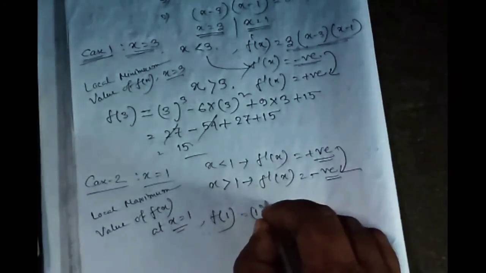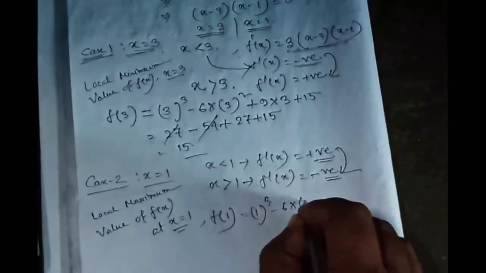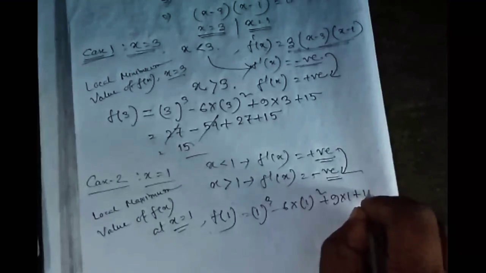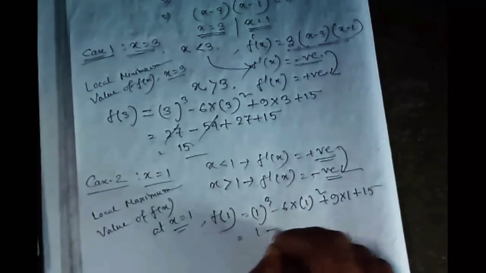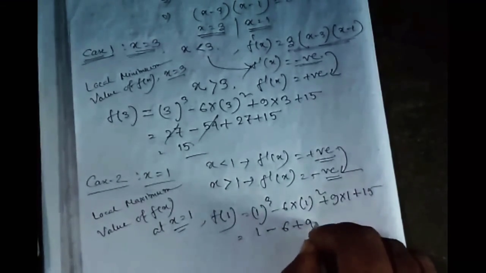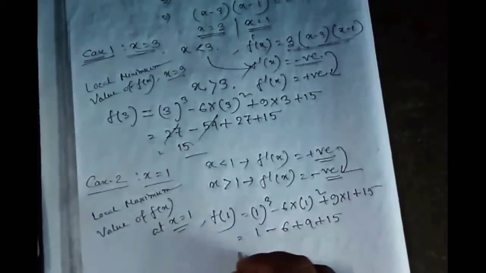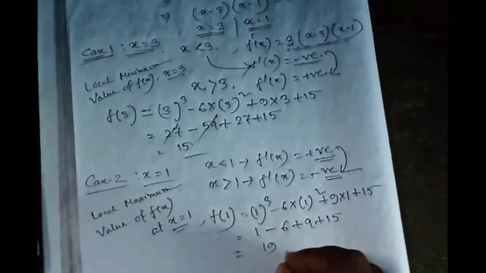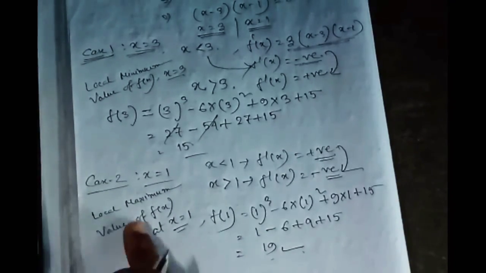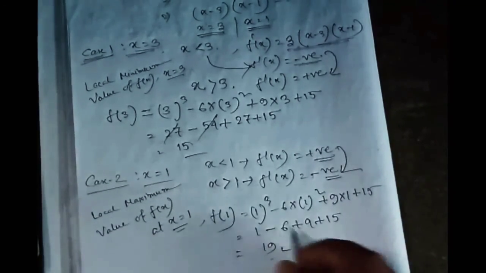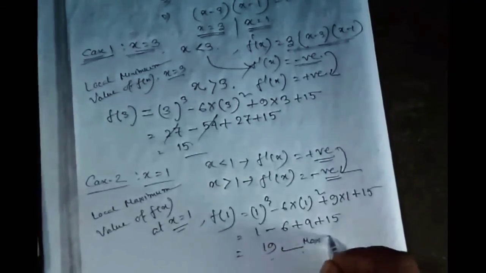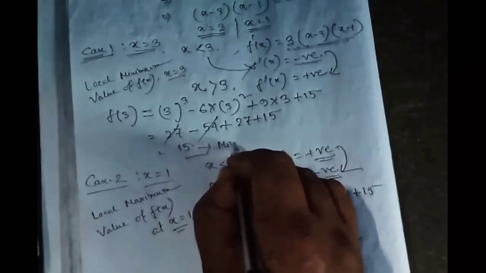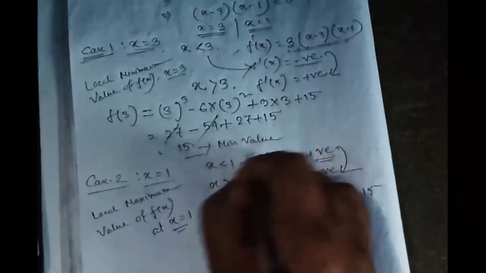That means 1 cube minus 6 into 1 square plus 9 into 1 plus 15, 1 minus 6 plus 9 plus 15, so that's equal to 19. So this is the maximum value at x equal to 1, and the earlier one is the minimum value of the same function.